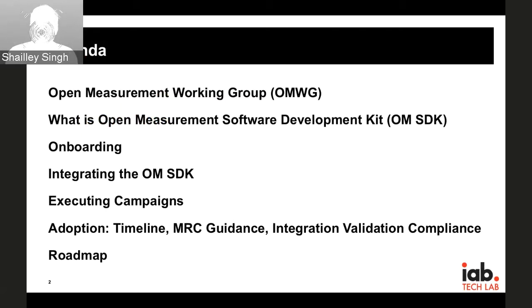Then we'll have a detailed walkthrough of how to integrate the OM SDK in iOS and Android environments. Then we'll have details on how to execute campaigns once you have integrated the OM SDK. And then we'll talk about adoption, our timeline recommendations, guidance from MRC, and integration, validation, and compliance. And then we have a little bit about the roadmap, the future of OM SDK that is being planned.